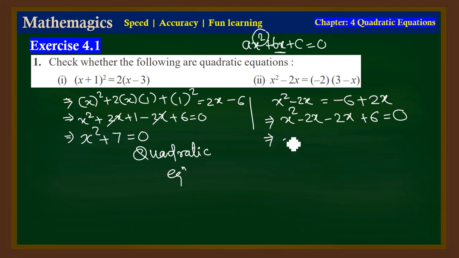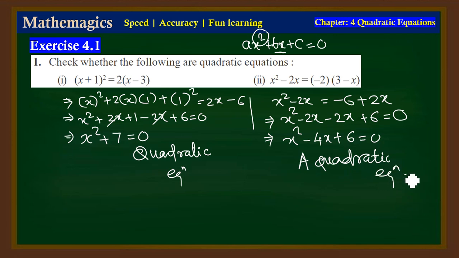Implies that x square minus 4x plus 6 is equal to 0. Dear friends, again it is satisfying that the power of x is 2. It means it is also a quadratic equation.